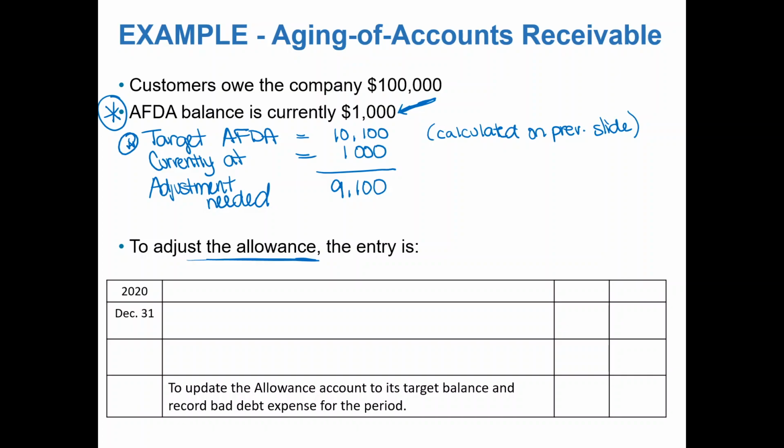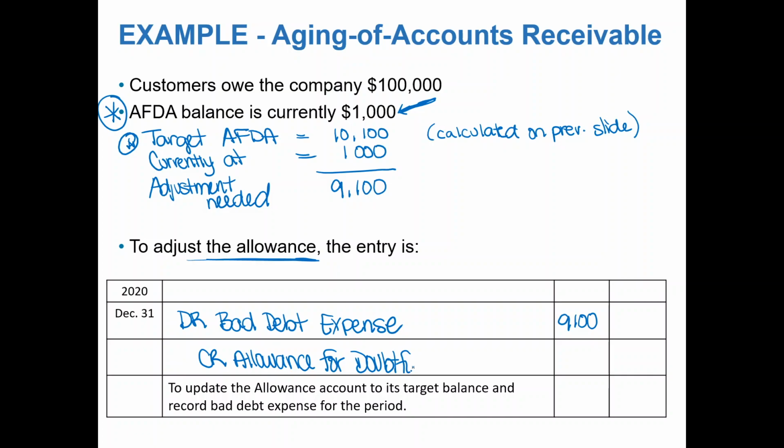So when we do the entry, we're going to debit bad debt expense, because once we don't think we can collect it, it becomes an expense. And we're going to credit the allowance for doubtful accounts, because this is our estimate. We don't know specifically which customer won't pay. We're just estimating based on the total AR at each age.